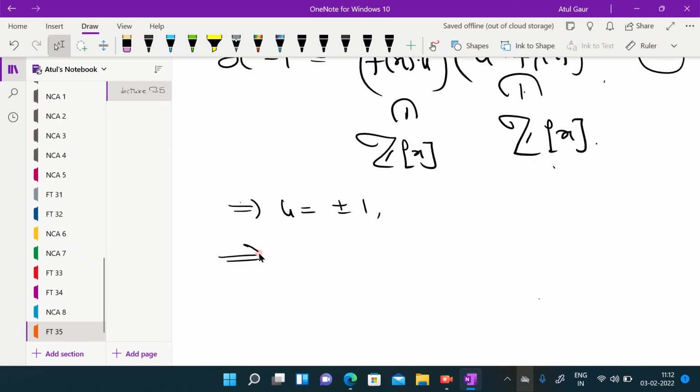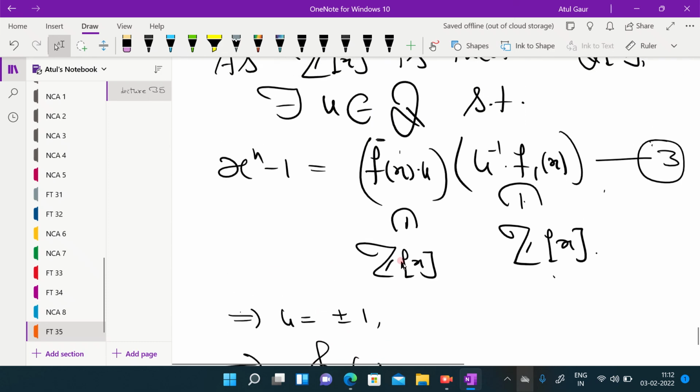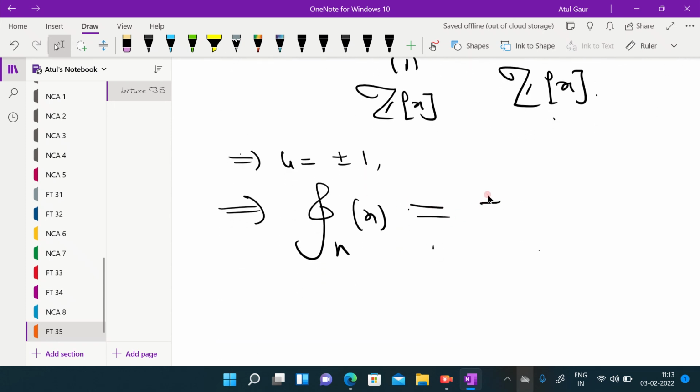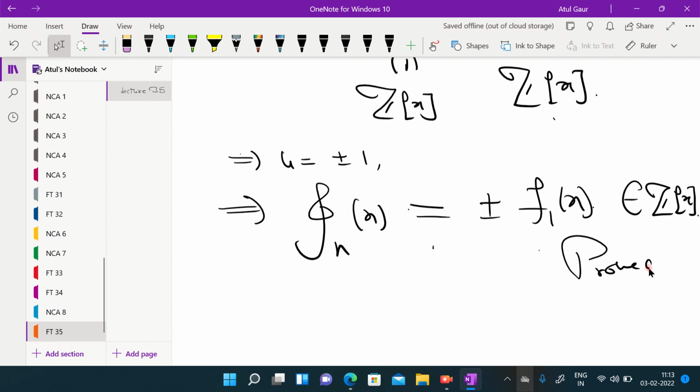This means phi nx equals plus f1x or minus f1x, and f1 is a polynomial in zx. Is that fine? Is this all right? Yes, sir. Okay.